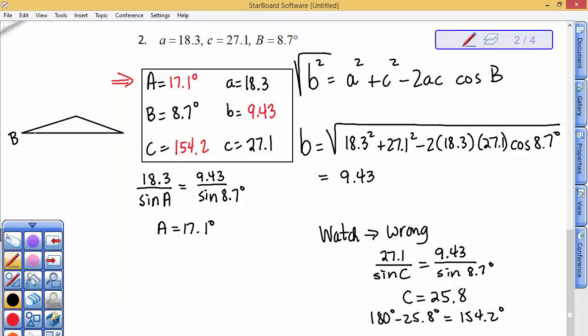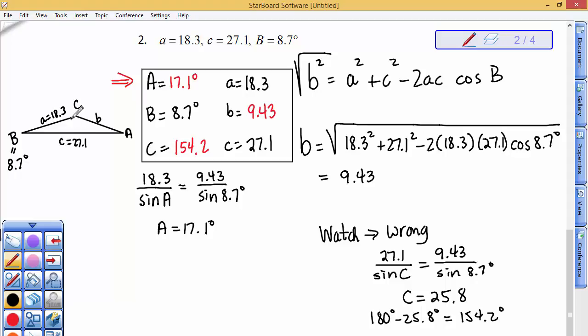I'm letting this be B, which is 8.7 degrees. And therefore, this is side B. And then, let's see, A is the 18.3, and C is the 27.1. So this would be angle A, and this would be angle C.